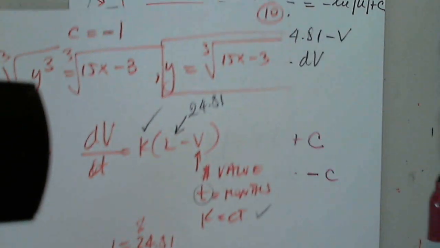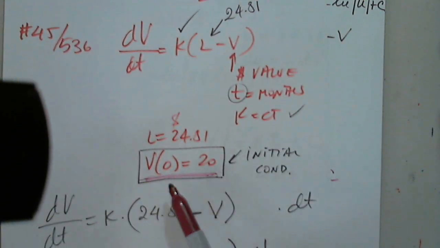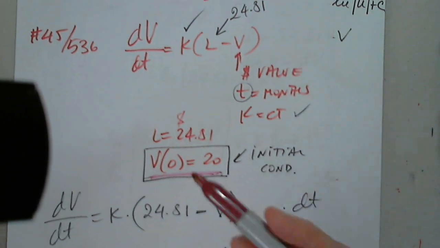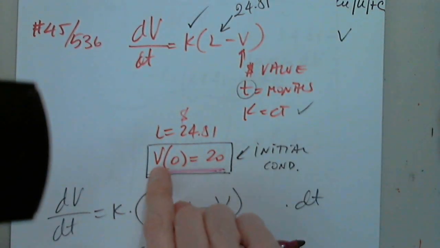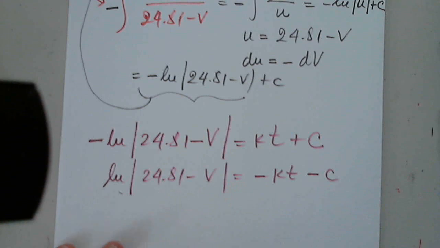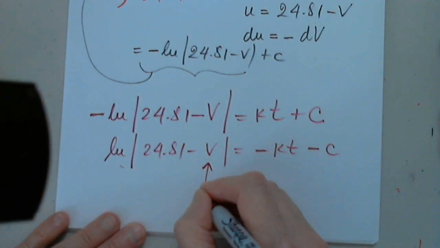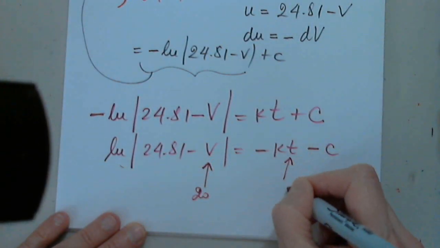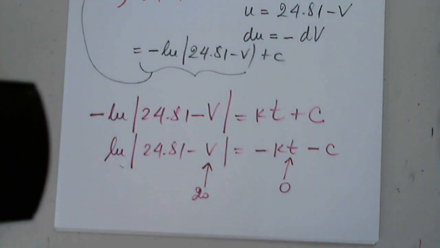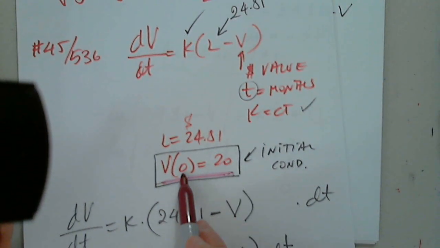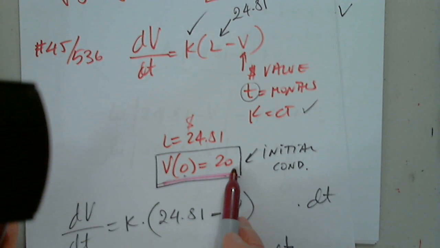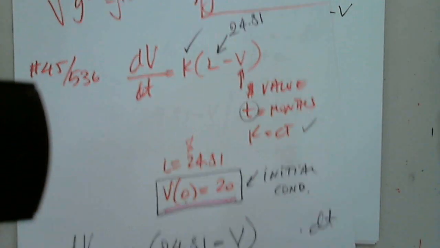So if we want to find the constant right now, we can, replacing t by 0 and v by 20. So when v is 20, t is 0. How do I know? v of 0, v of t, is this value. v of 0 equals 20.